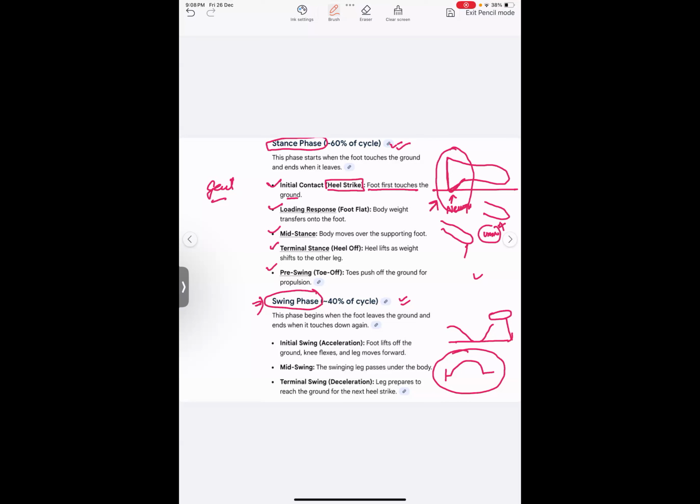Then comes foot flat, where body weight transfers onto the foot. Now see here, he was initially putting his heel on the floor. After that, he has a flat foot. Now the whole weight of the body is transferred over this foot. The patient who has a joint problem, what will they do?